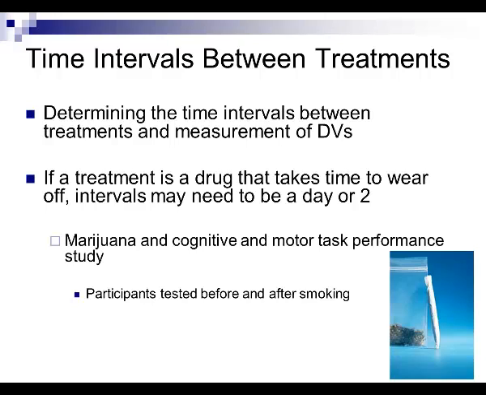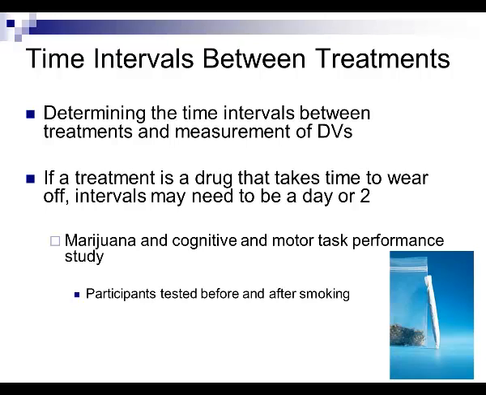With time intervals, what we do is we introduce, as the name implies, time between treatments and the measurement of dependent variables. So, for example, this is commonly used if an independent variable is a drug that takes time to wear off.